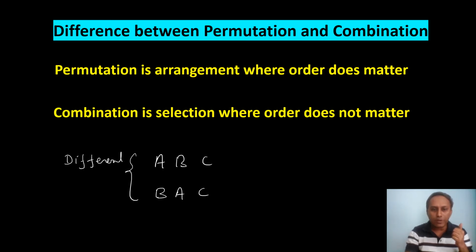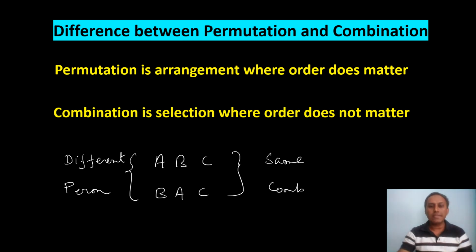So with respect to permutation, they are different, okay, and with respect to combination, they are same. So basically, we'll check whether the order is important or not. Now, let us find out what is the mathematical answer of permutation and combination.